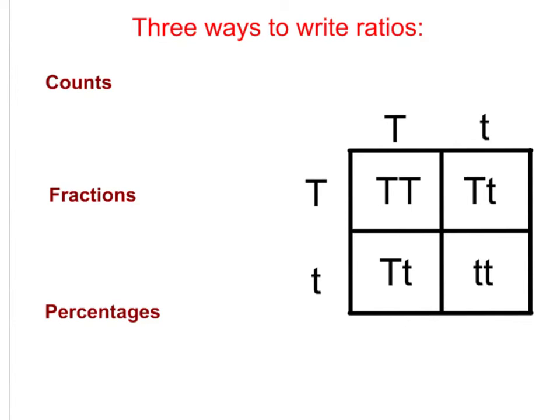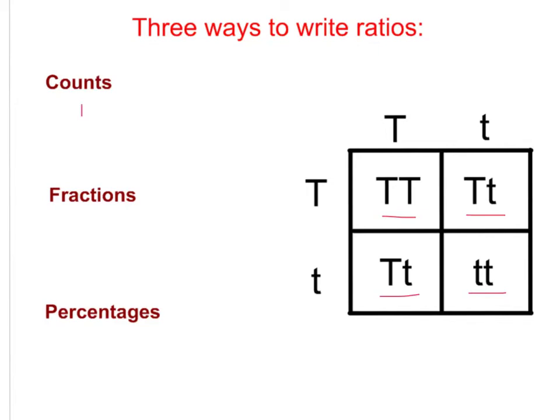Now I'd like to look a little bit at how we're reporting this. There are basically three different ways you can report this, and all of them are perfectly acceptable. You can simply count. Here's the example we just worked out. We can count the different genotypes or phenotypes. Let's look at genotypes first.